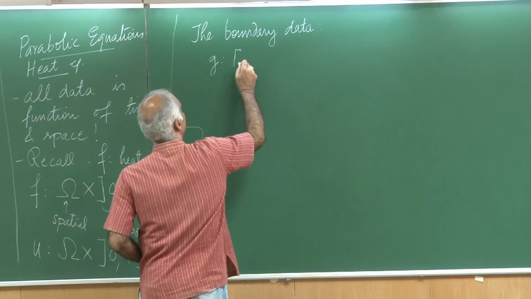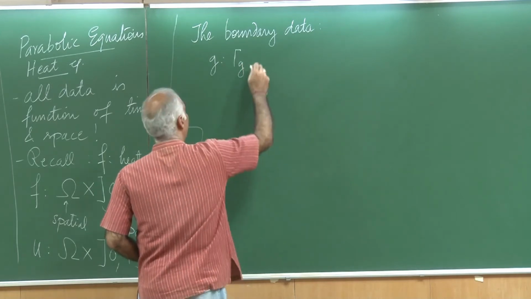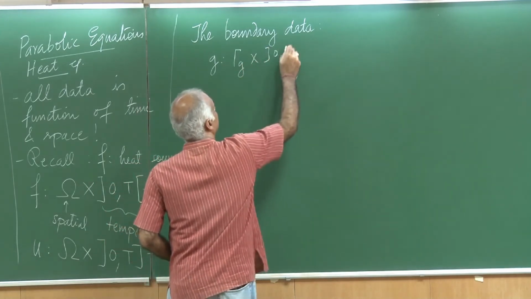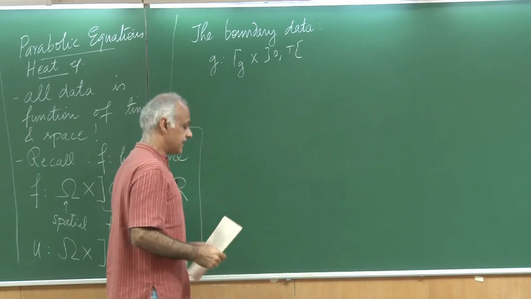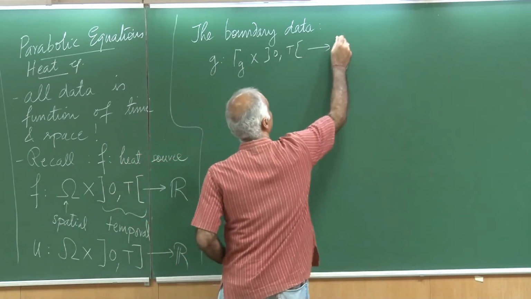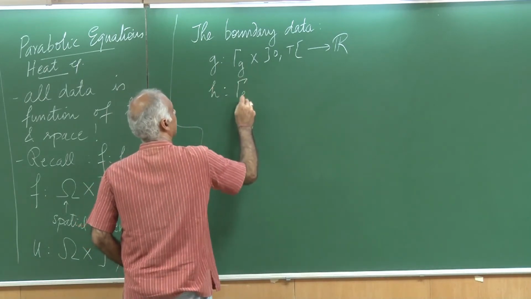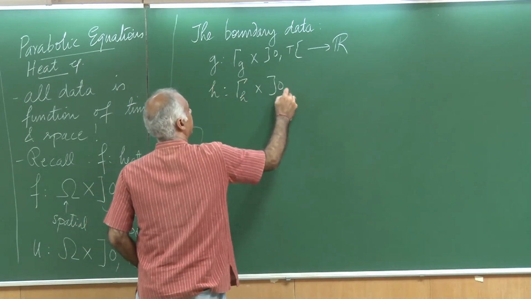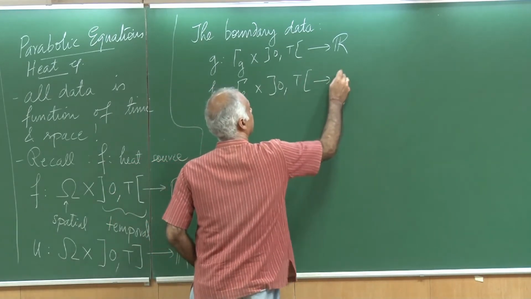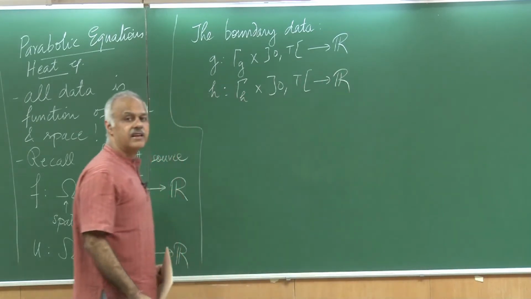So, that is defined on gamma G, and on the time axis, and of course this also is real valued, and likewise h is defined on gamma h and the interval 0 to t, and this is real valued as well.